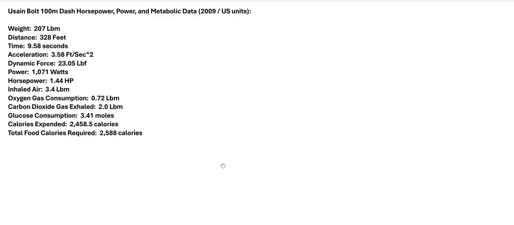That's an acceleration of about 3.6 feet per second squared, a dynamic horizontal propulsion force of 23.05 pounds force, total power output 1071 watts, equivalent horsepower 1.44 horsepower, inhaled air 3.4 pounds mass air, total oxygen consumption 0.72 pounds, exhaled carbon dioxide gas 2.0 pounds, glucose consumption 3.41 moles, calories expended 2,458.5, but technically the total food calories expended 2,588 calories, all over a time span of 9.58 seconds.